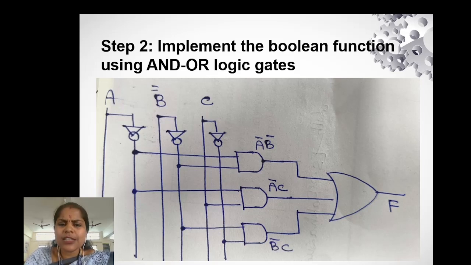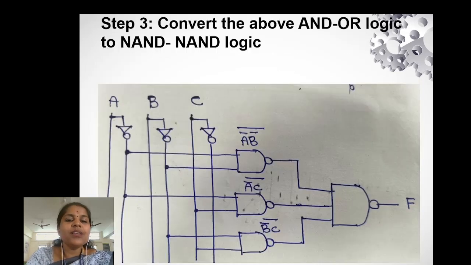Although the circuit works correctly, it uses multiple gate types like NOT gate, AND gate, OR gate. In integrated circuit design, it is often desired to use only one gate type. Therefore, we convert it into NAND form. Finally, we convert the circuit into NAND logic gates.